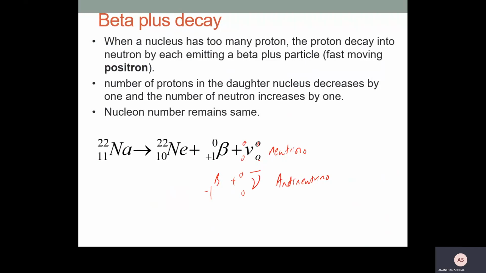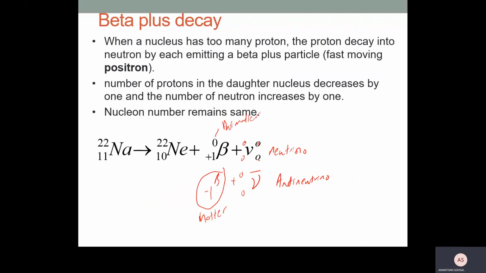So what I'm trying to tell you with this story is about beta and neutrino. The first one is beta, the second one, beta negative. Beta negative is matter. Electron is matter. You know the positron? Positron is antimatter.